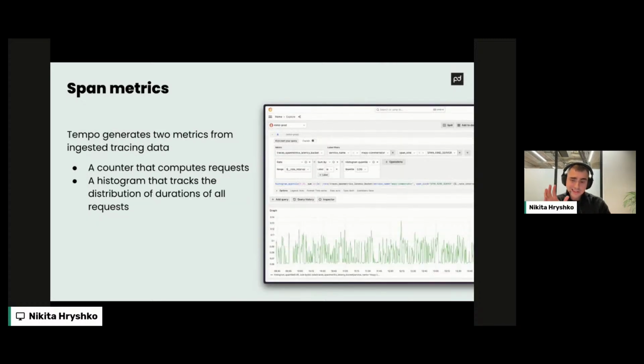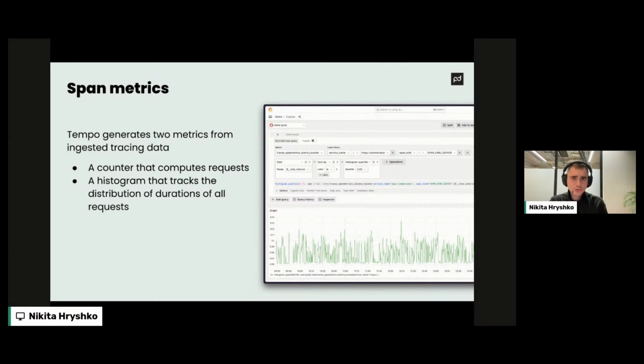Talking about more technical features, I would love to mention two which Tempo provided. The first one is called span metrics, and this is quite a simple yet powerful idea. Imagine your application, your backend service, is fully instrumented with traces on the different layers, your transport, your databases, your external calls. So why not generate metrics from ingested data?